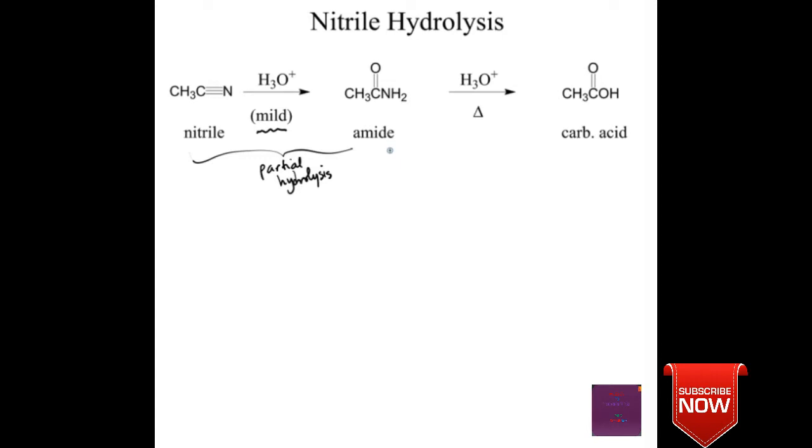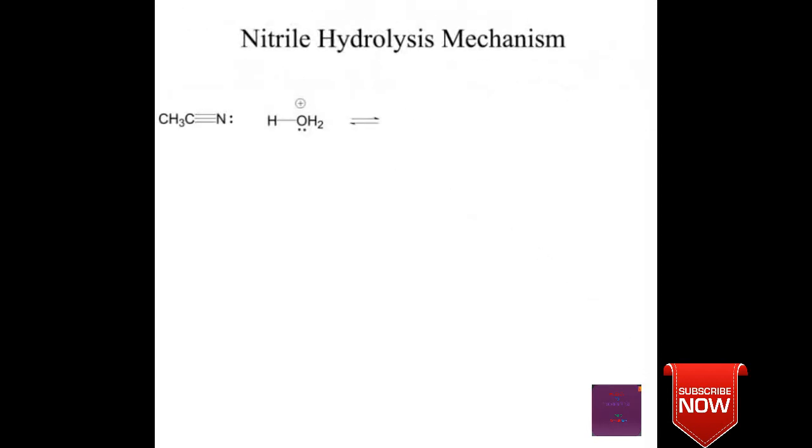This mechanism is just like the ester, very similar to the ester. So we've already seen something on how to do this transformation, but let's see how we can go from a nitrile to an amide. That's a little less intuitive. So we have acetonitrile as this nitrile. We have H3O plus.